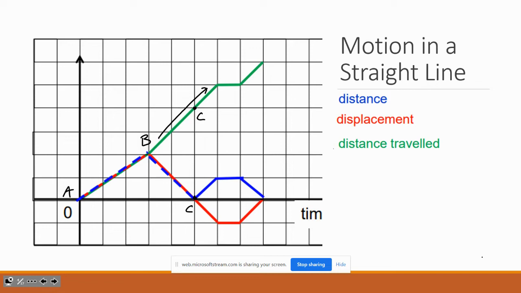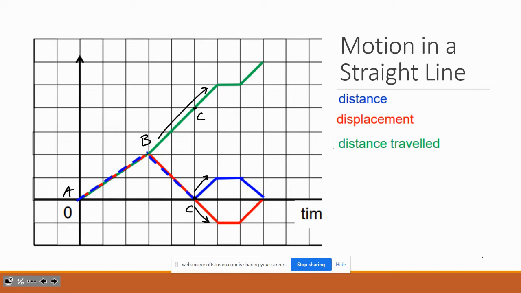So we're now the other side of our starting position. However, our distance away from our starting position, which is not really a vector, is just telling us how far away from our start we are, so we become a positive distance away from where we started. Here we become a negative displacement away from where we started.